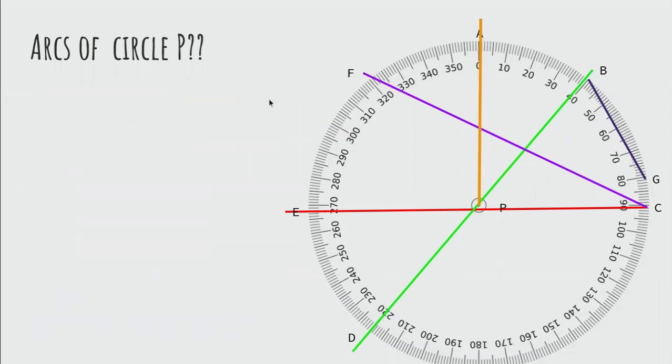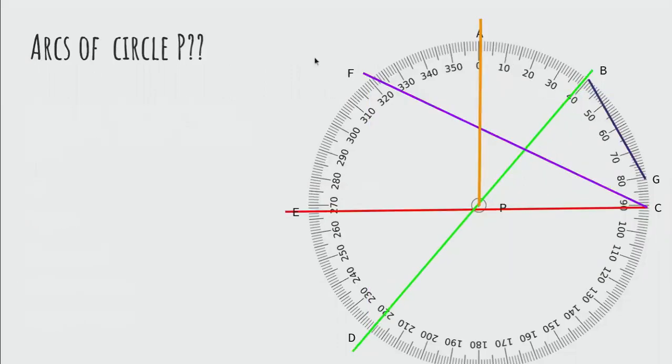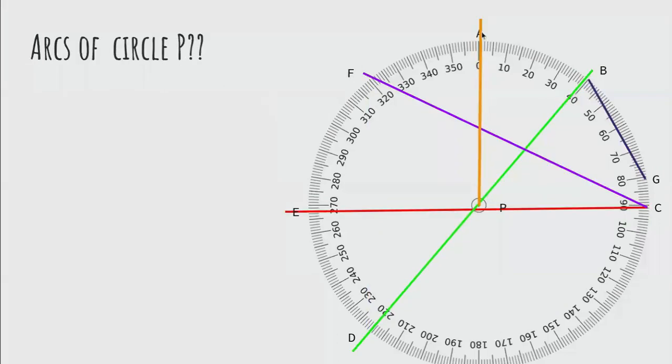Now we are going to fill this slide in as we talk about it. In this version, I stayed with the same picture, but I extended some of the line segments so that they would go outside of the circle.